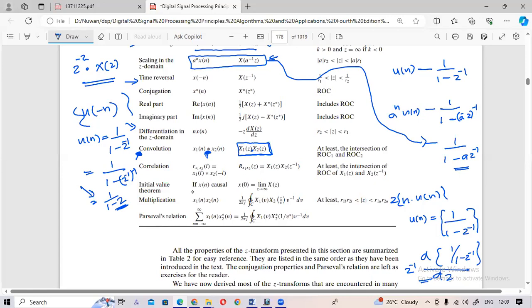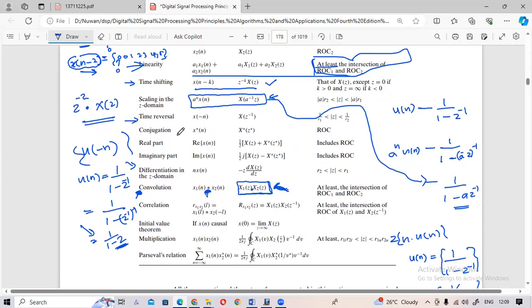It is better to do one example using this one, but time is not enough; we have already run out of time. If we have learned these properties, that is enough: linearity, time shifting, time reversal, differentiation in Z domain, and convolution. The correlation property is mostly important when analyzing random signals.